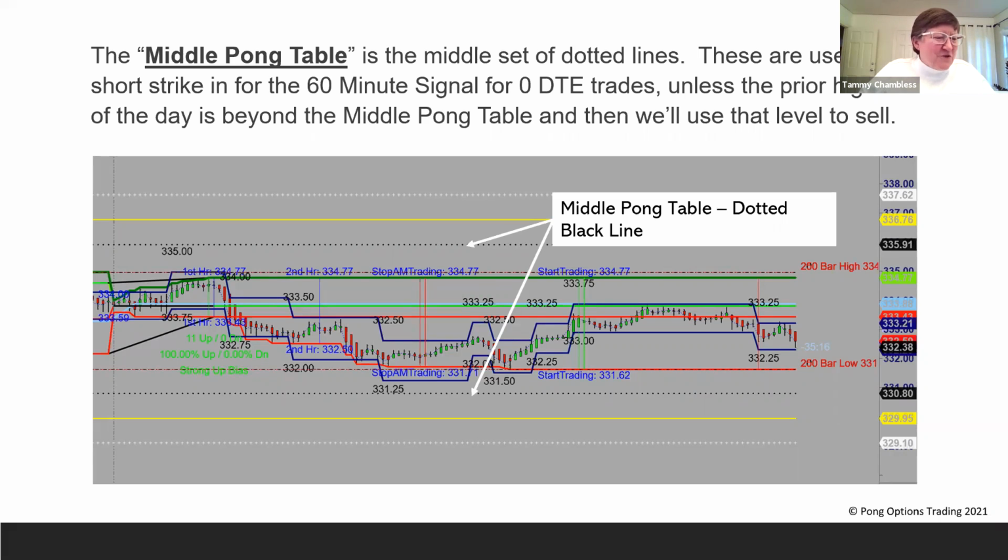I would not take those early in the day, and those dotted lines in the early part of the day can be quite close to the current stock price. So you need to pay attention to the premium and the delta you're trading to make sure you've got an acceptable trade. But later in the day, you can use these to trade.